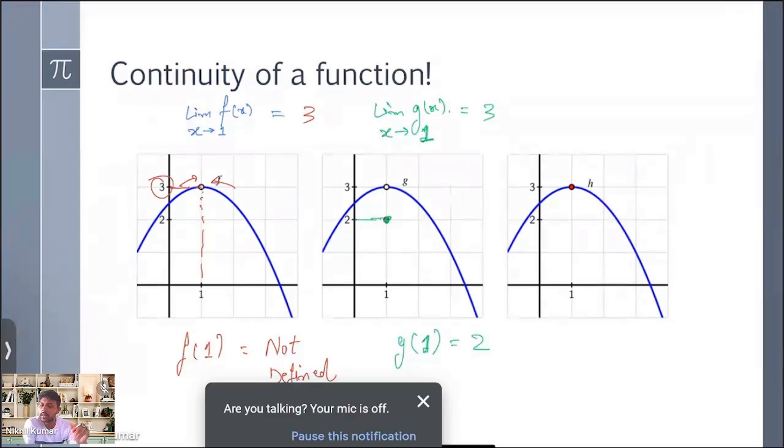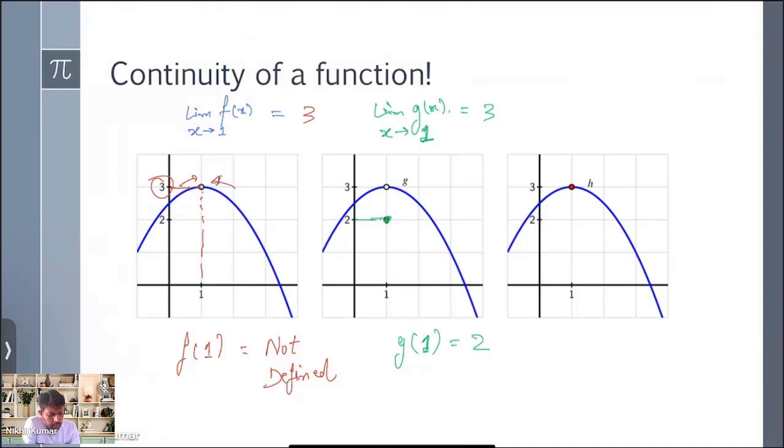Let's look at the third function, which is h. Can you tell me what is the limit of this function h of x as x approaches 1? Use the same logic, it's again 3. Approach it from this side or from this side, you're going to arrive at the same number.